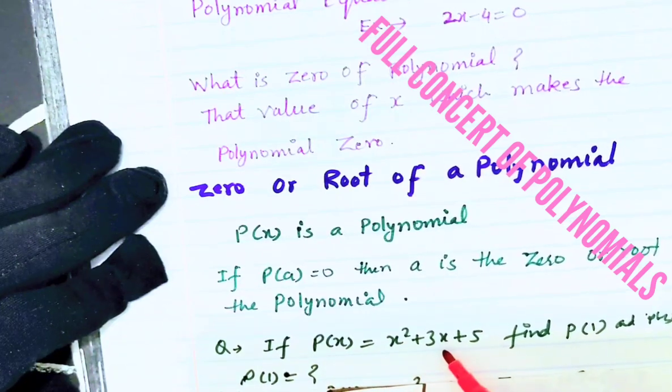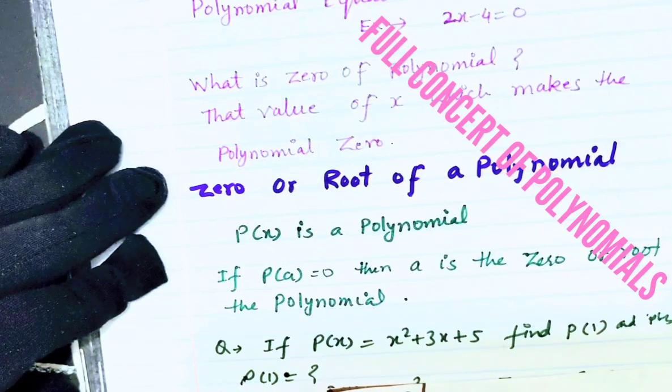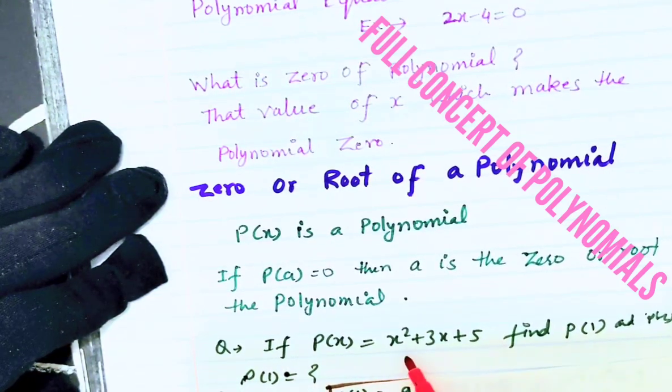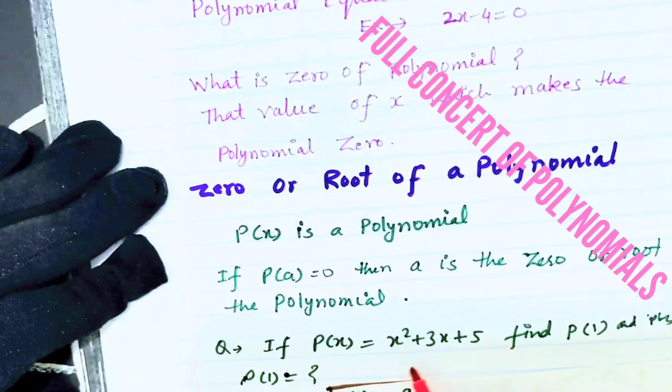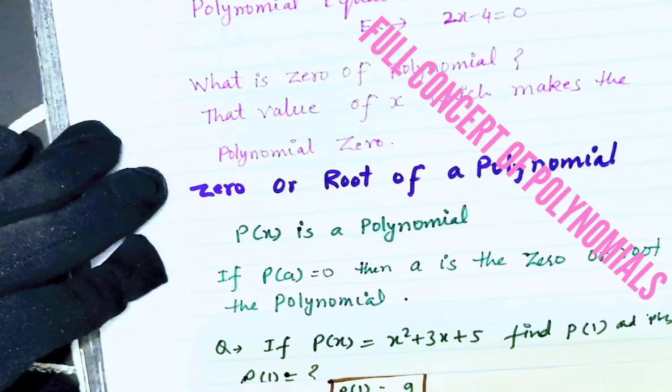If P(x) equal to x square plus 3x plus 5, then we will find P(1) and P(minus 2). Guys, to find P(1), we put 1 in the place of x in every term. x square means 1 square, plus 3 into 1, plus 5, so P(1) equal to 9. And we have to find P(minus 2) also.